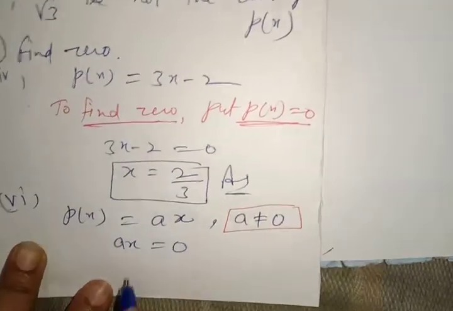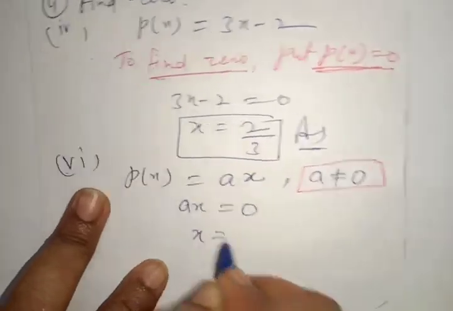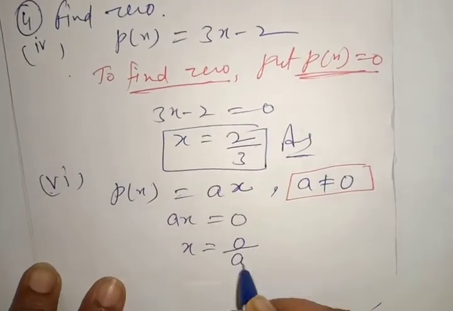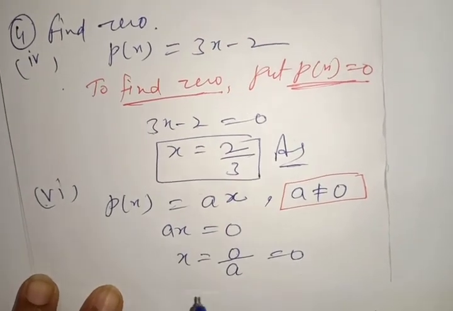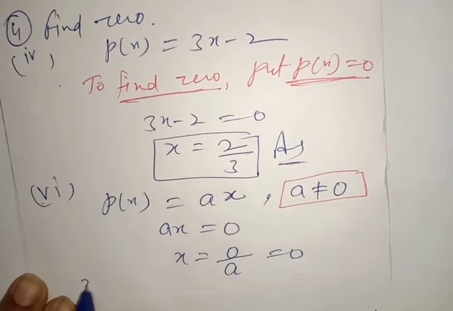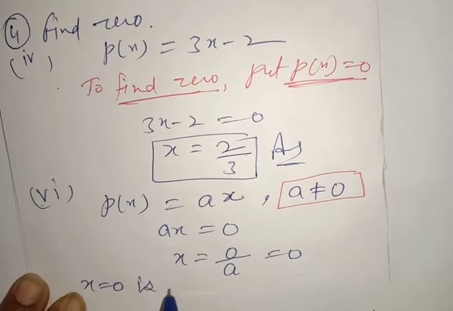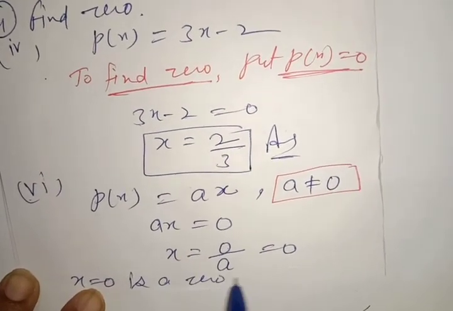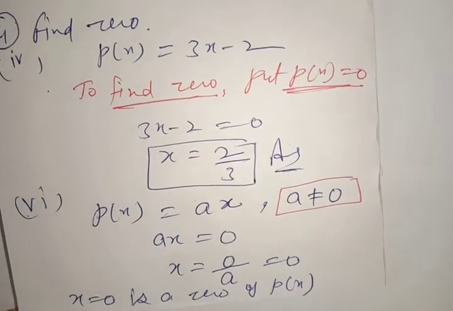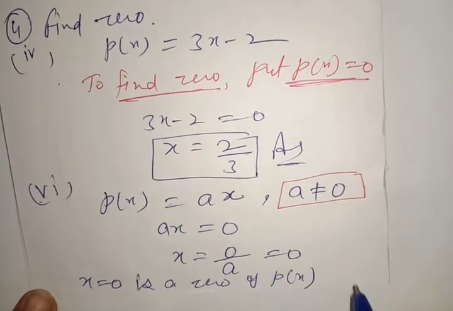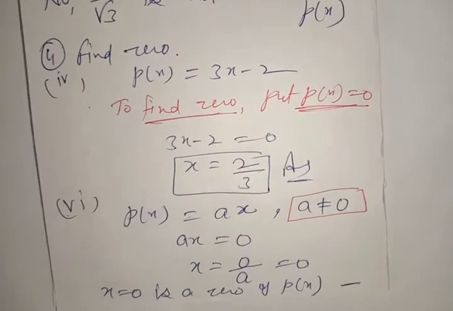So if ax is equal to 0, x is equal to 0 by a, and 0 by something is 0. So x is equal to 0 is a zero of p(x), because we are finding the zero of a polynomial. So that's it. Thank you, and complete this exercise 2.2.